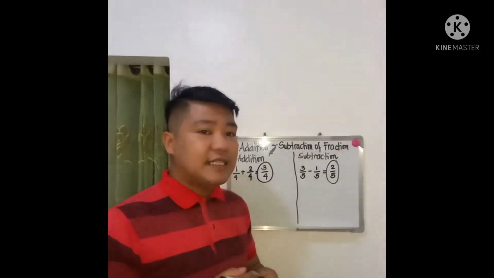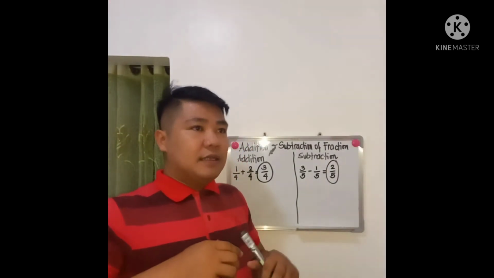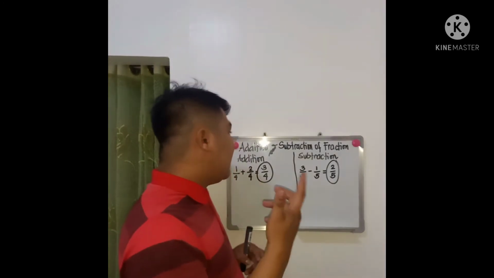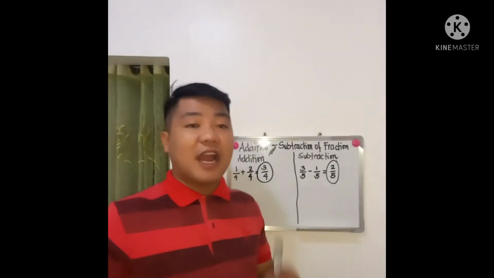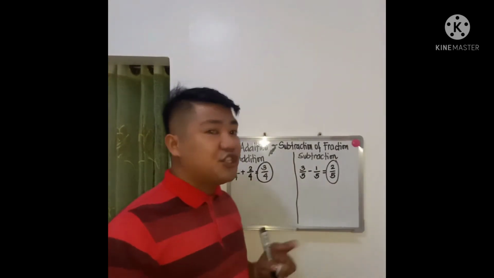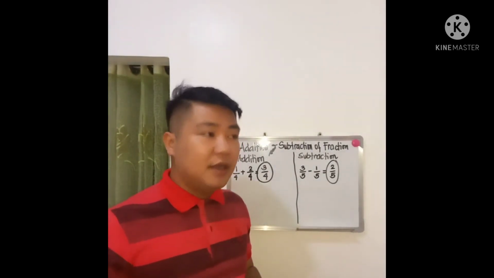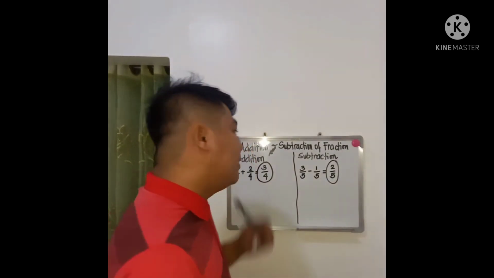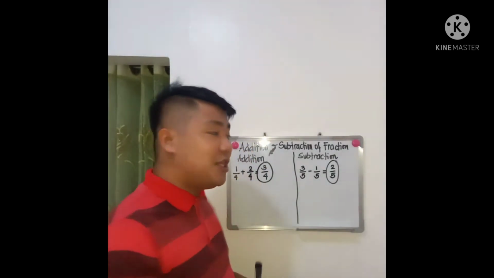Now you have to always consider that in the operations on fractions, you have to make sure that the fraction is in lowest term, no? So, meaning wala nang common factor ang numerator and the denominator.